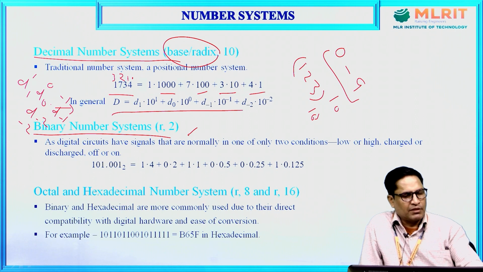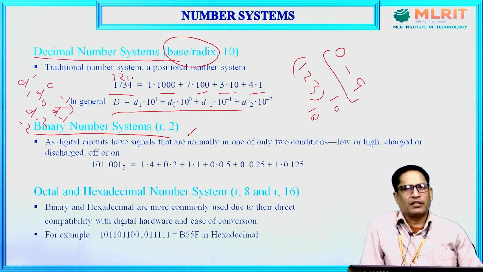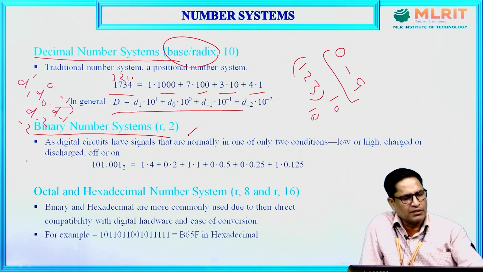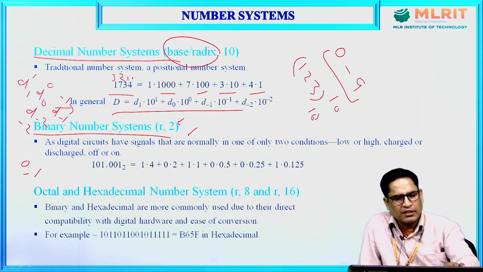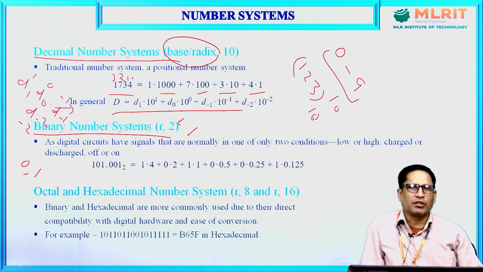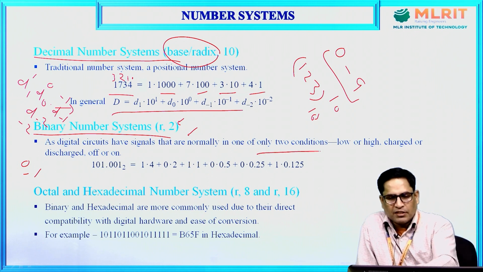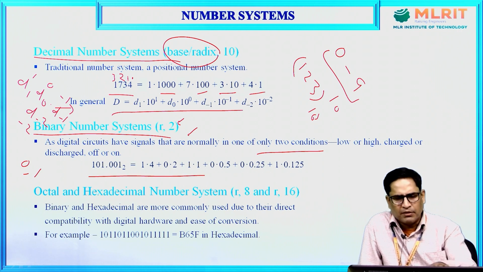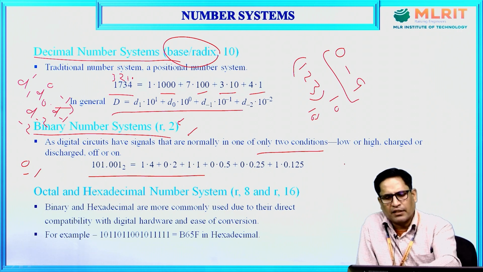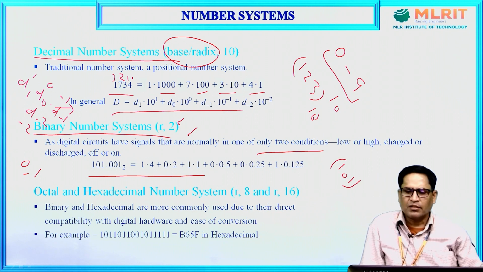So we established that base or radix is equal to the number of digits used in that system. In the binary number system we use 0 and 1, so the total is 2 only, and that's why the radix or base of the binary number system is 2. Digital systems have only 2 conditions, that's why we use this binary number system. Similarly, take a binary number 101.